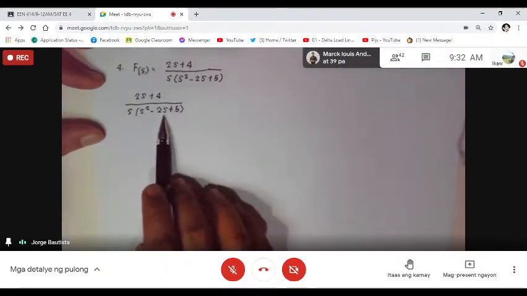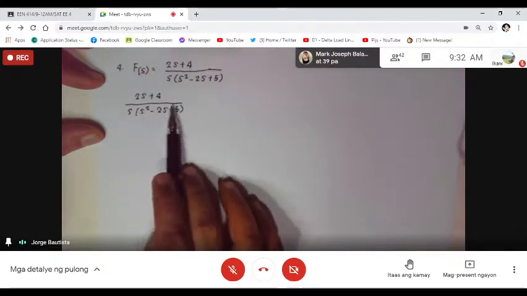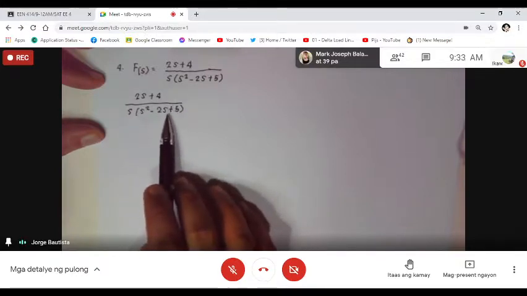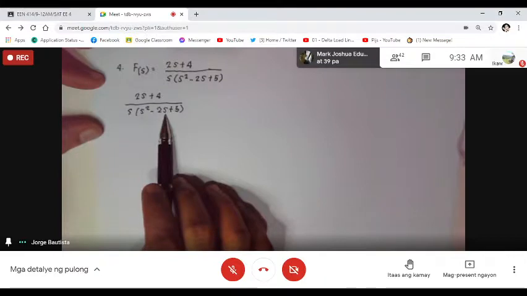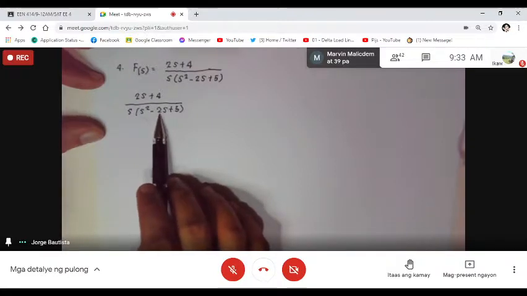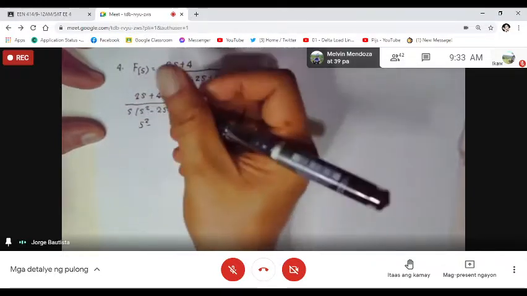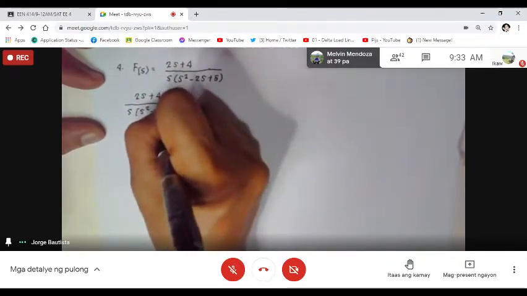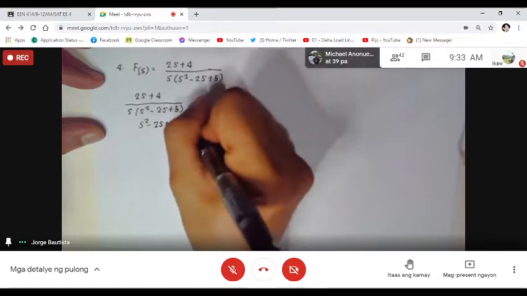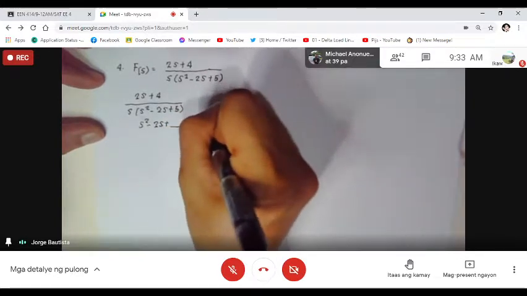How can you determine if this is a complex equation? Determine the root. If you take the root of that, s squared minus 2s plus blank equals negative 5 plus blank.